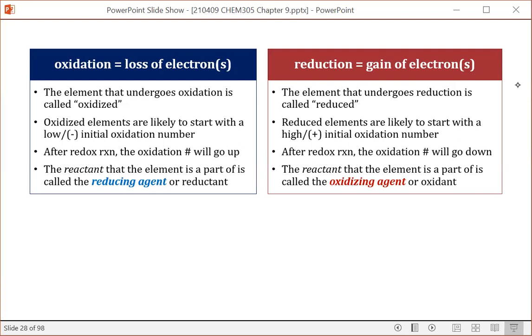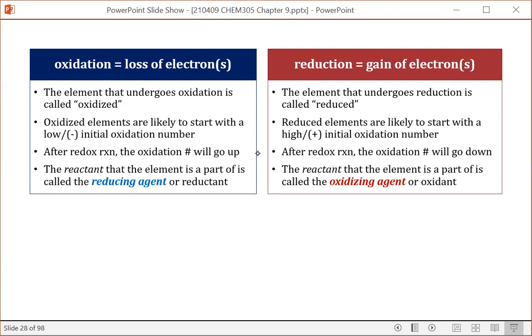The reactant that the element is a part of, we call the reducing agent. And I know this gets really confusing because the element was oxidized, and then the compound that it's a part of, we call that compound the reducing agent, or sometimes the reductant. It's like, because these always happen in pairs, right?